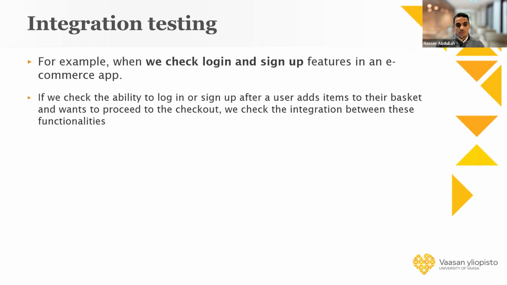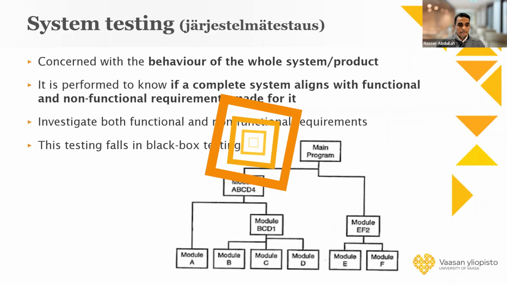For example, you want to test the ability to log in or sign up, after that add an item, after that proceed to the checkout. All this process is considered if you check all these modules together. So this is also integration testing.